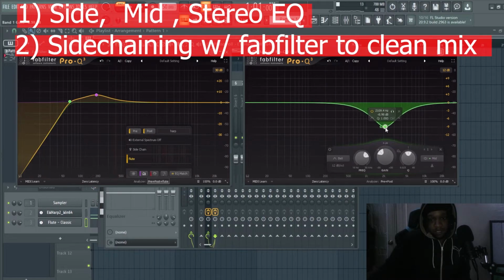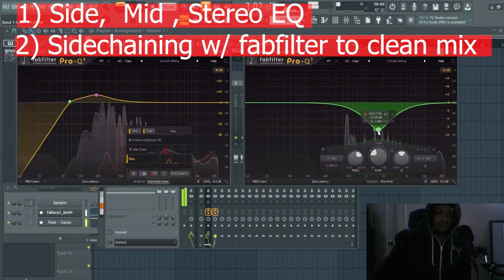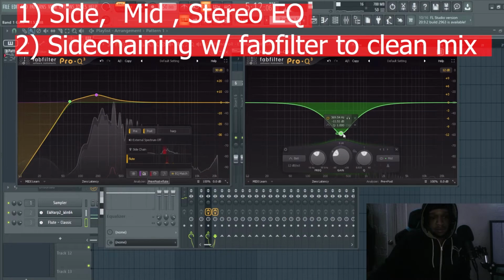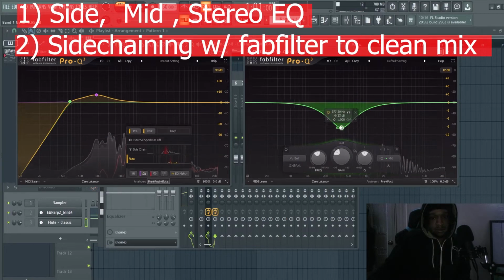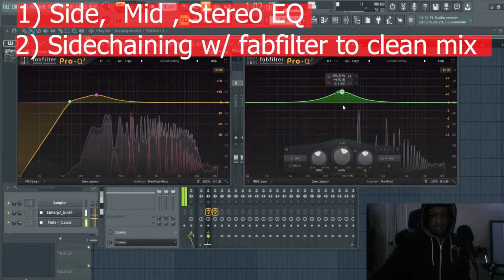Maybe we can turn this down where the flute is. Of course we turn the flute down, you know what I'm saying? What I'm looking at is this red line over here, this little bell that's appearing. That's probably very annoying actually.